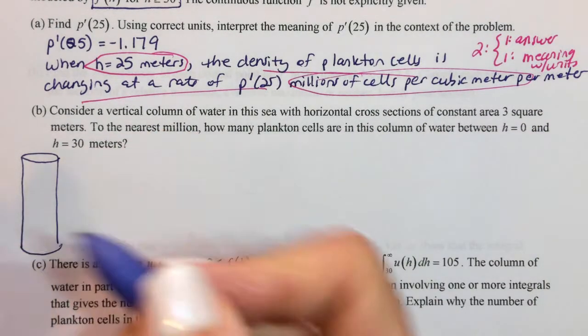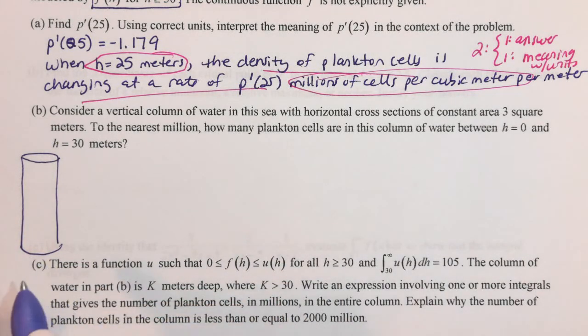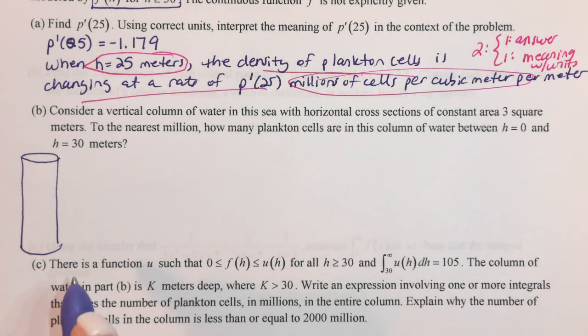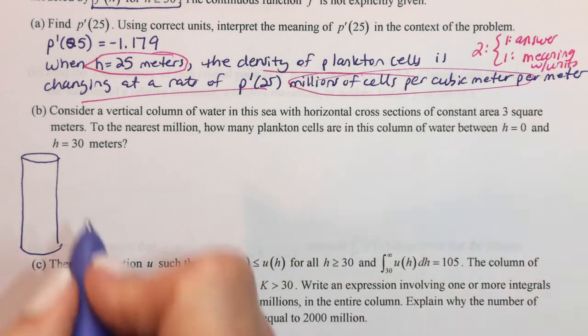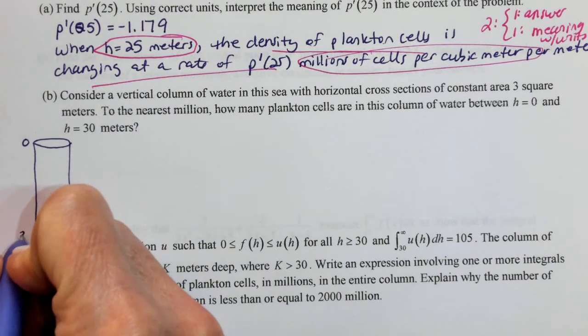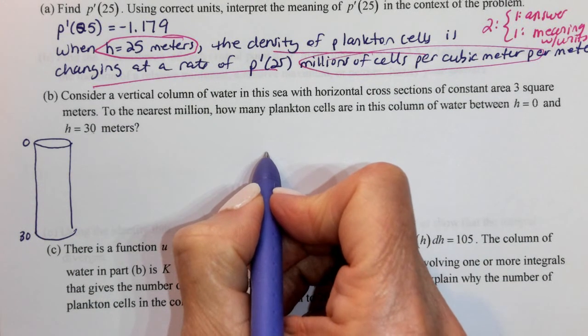Maybe it's not a cylinder, but each cross section is exactly 3 square meters, so this is a good visual to consider. So here would be a depth of 0 meters. Here would be my depth of 30 meters, because I see we're going to 30 meters.